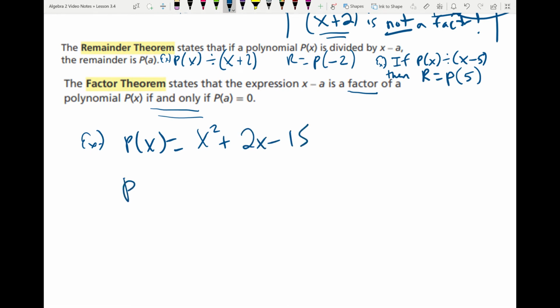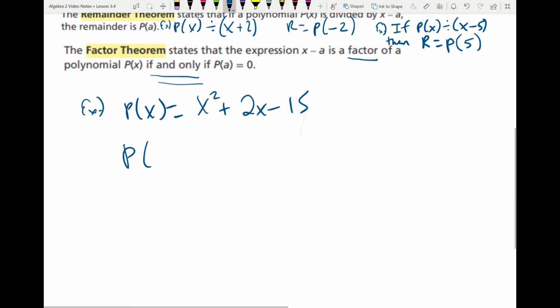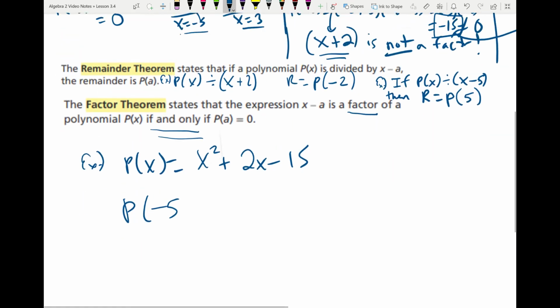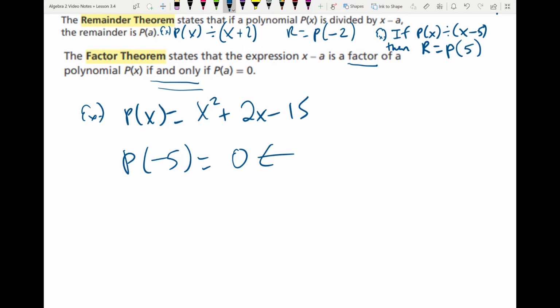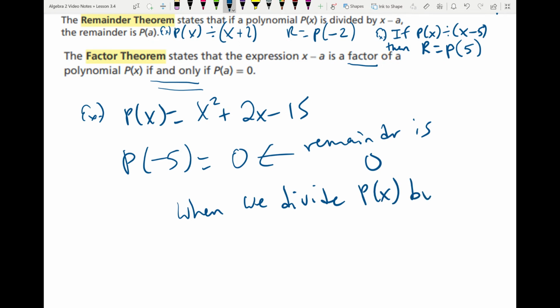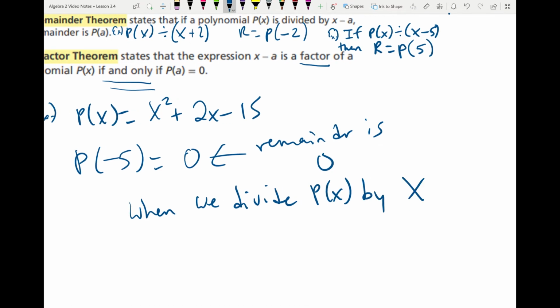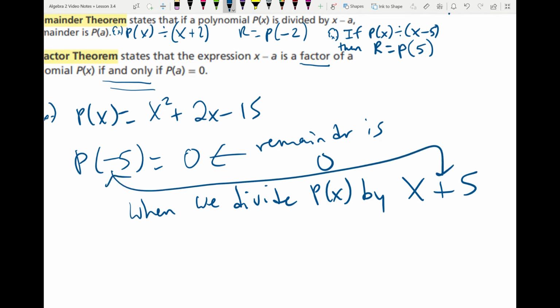So when we plug in p of negative 5, we get 0, which means our remainder is 0 when we divide p of x by x plus 5. Do the opposite sign. So that's how these two things are related. The remainder is tied into plugging in for x, which is tied into this factor stuff. So these two theorems kind of unite this idea.